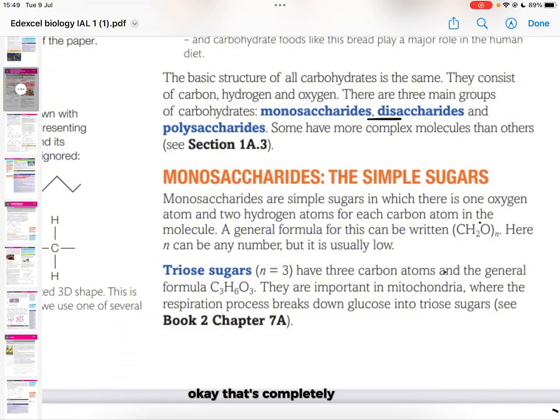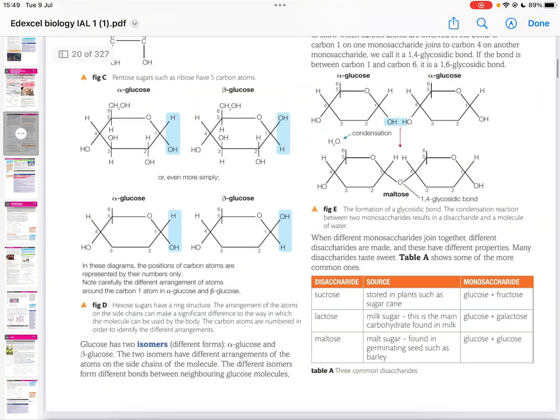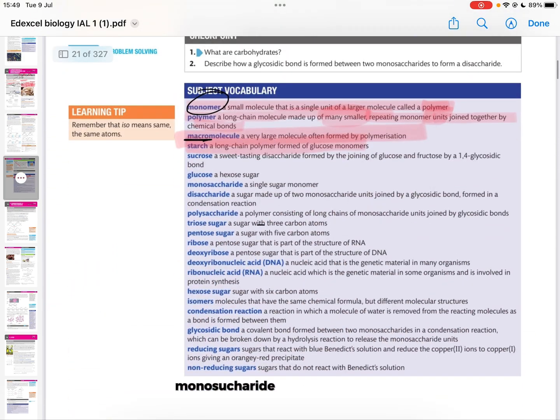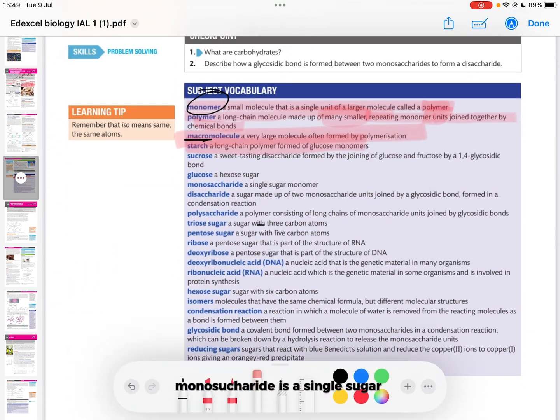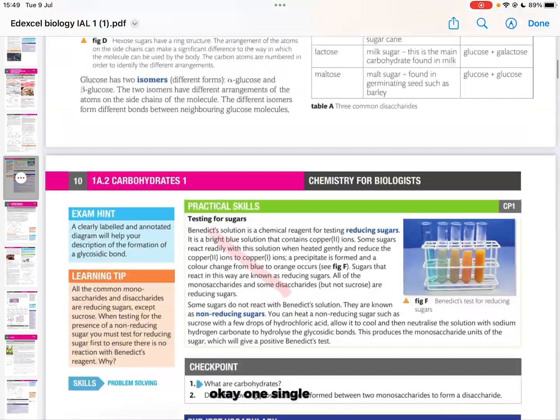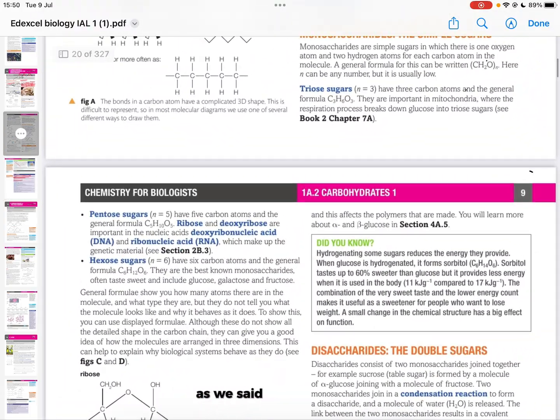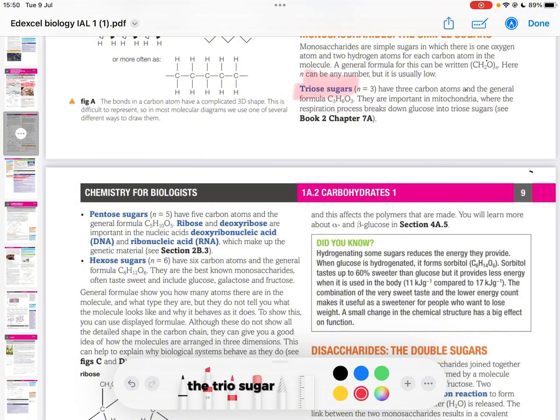Okay, that's completely great. So to sum up the monosaccharide part, a monosaccharide is a single sugar monomer. Okay, one single mono.